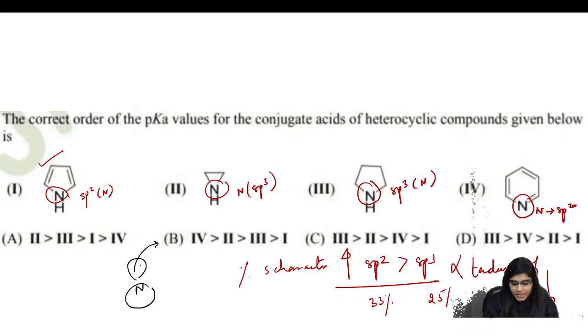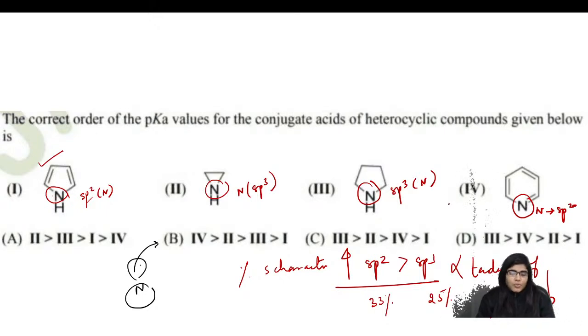Over here it's sp2, sp3, sp3, sp2. So in sp2 percentage S character would be more, and ultimately the basicity will decrease. So first and fourth are going to have less basicity than second and third.